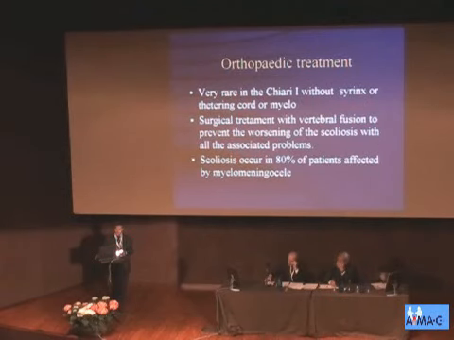Treatment, as we said, I said rare, but in fact I've never seen it without the associated lesion, quite frankly. So the treatment is vertebral fusion. This is carried out to avoid worsening of the scoliosis, and in particular, where there is myelomeningocele, we know that 80% of patients with the myelomeningocele develop scoliosis.